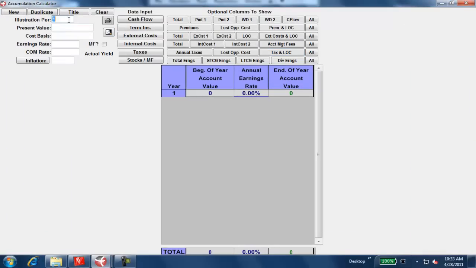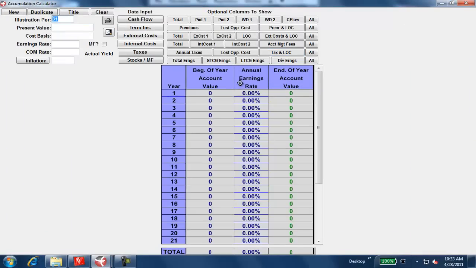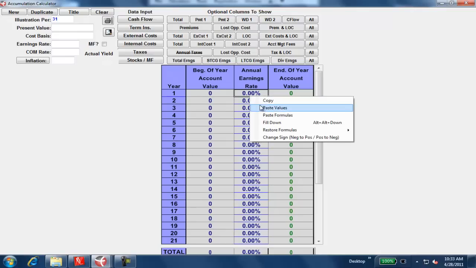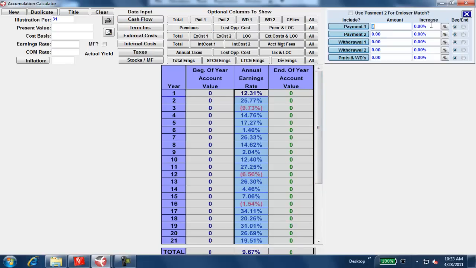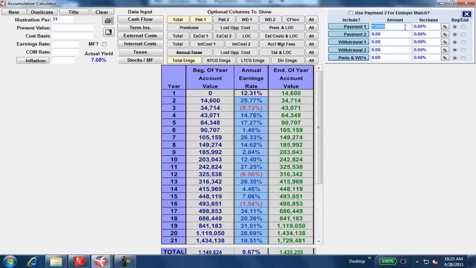I'm going to put in a 31-year period of time, and I'm going to paste these rates of return. Obviously we need to have money associated with this, so let's put in a $13,000 contribution per year.